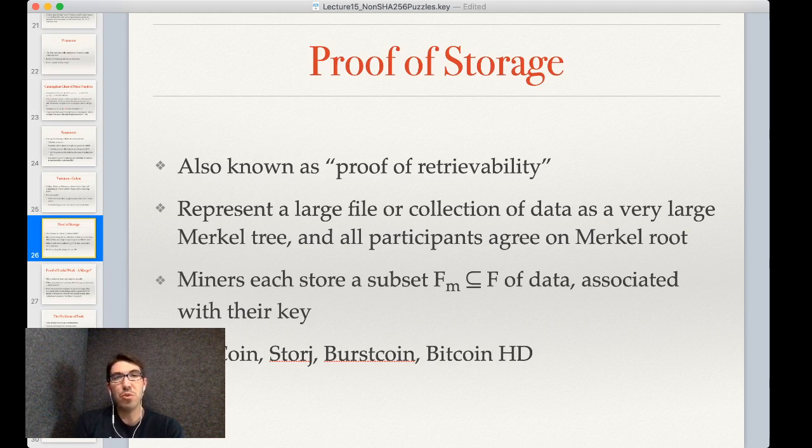There are a few different systems that use this or variations of it, such as Filecoin or Storj. Not all exactly the same idea, but the same basic concept is that you're rewarded for storing things. So this is another form of proof of useful work, because storing this data, if it's not just random data, if it's something people actually want, is something useful.